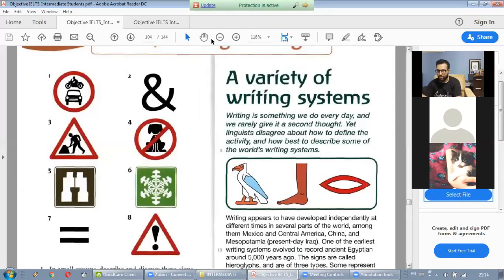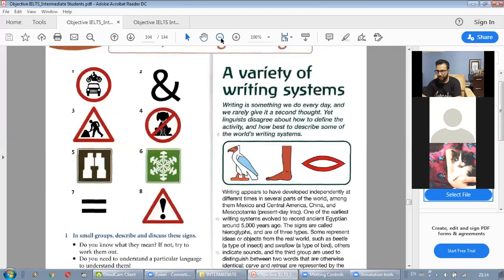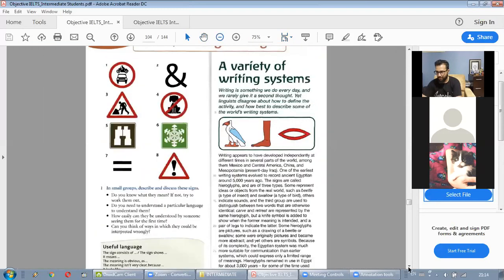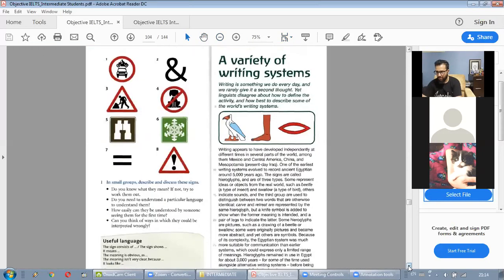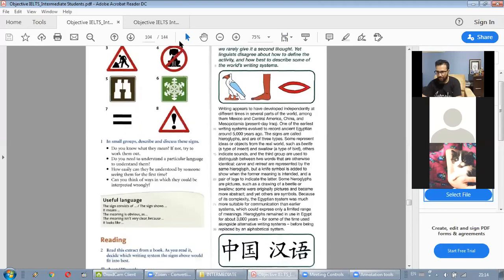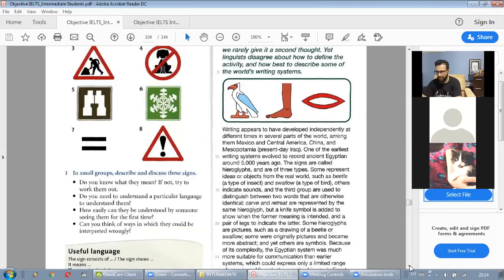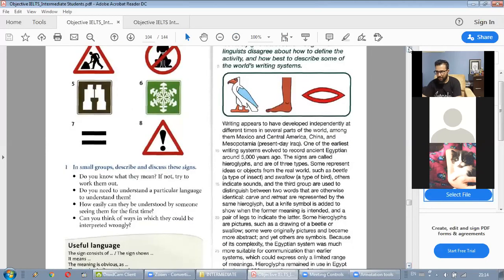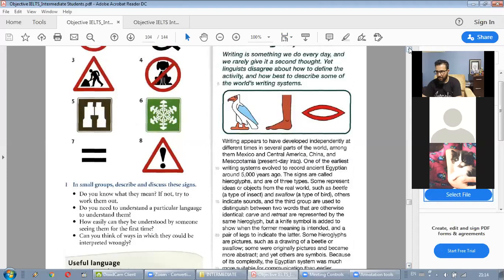I'm going to zoom out a little bit here so you can see. Did I zoom out too much? Okay, now I can zoom back in. Let me cover this part because it's not in the questions for sure.